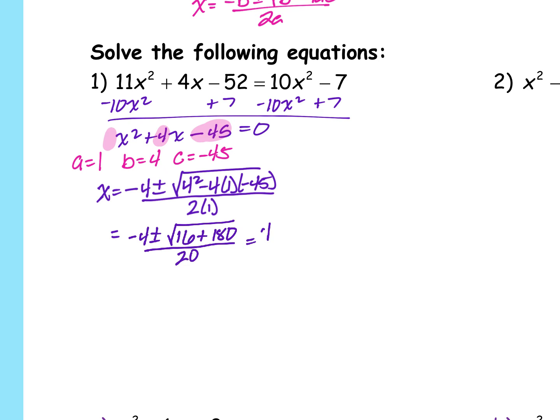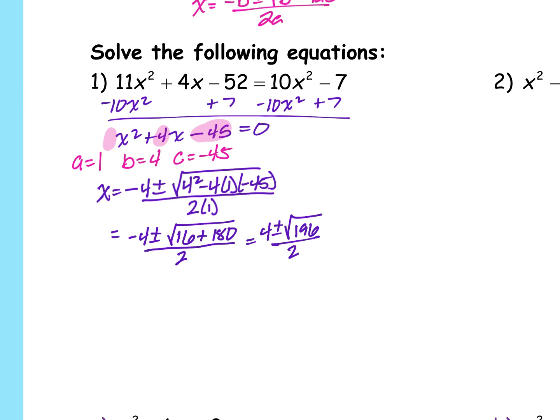Which is going to equal negative 4 plus or minus the square root of 196 divided by 20. I don't know where I got 20 from. Where did I get 20 from, you guys? Should be 2. Wow. 2 times 1 is now 20. My math is doing really well today.